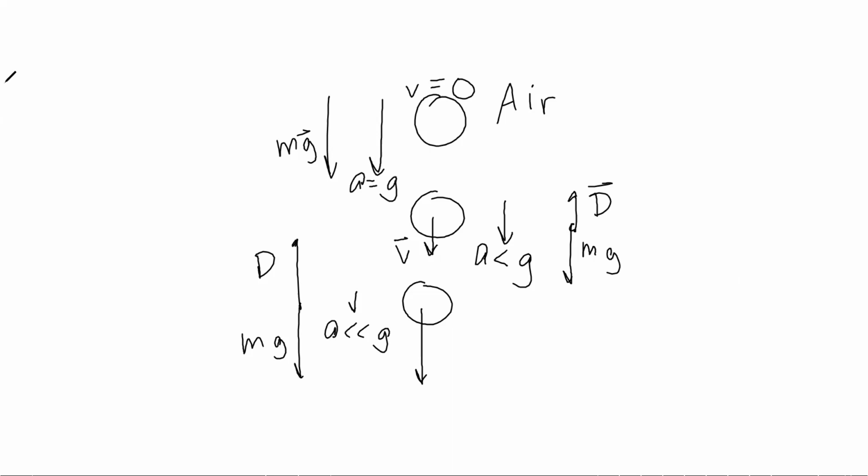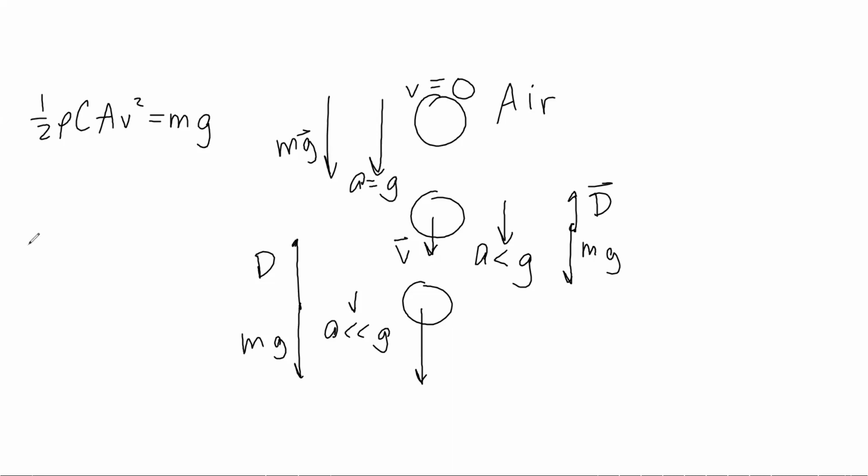For quadratic drag, once those are equal, you're going to have 1/2 rho c a v squared equal to mg in air.